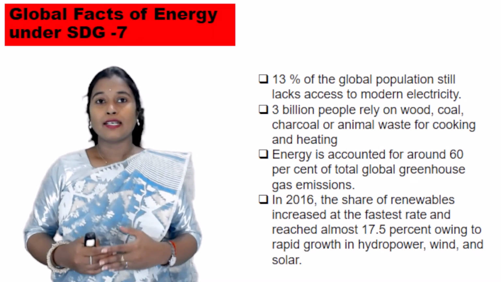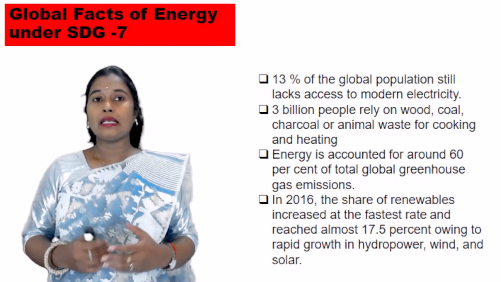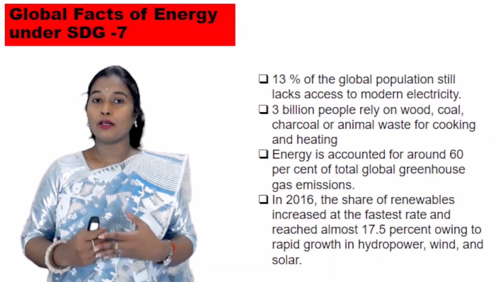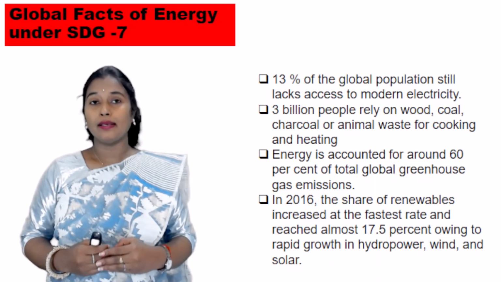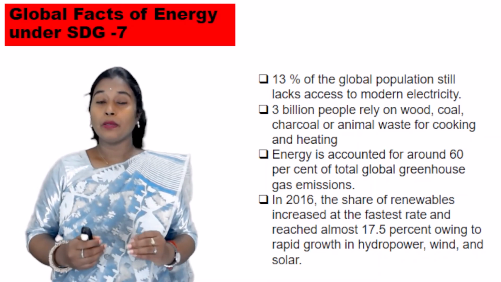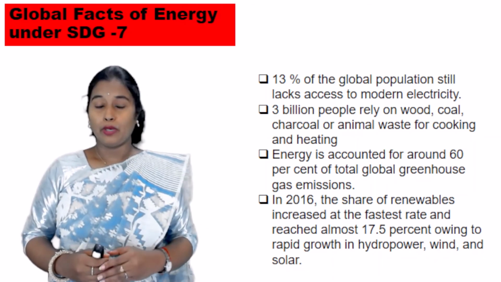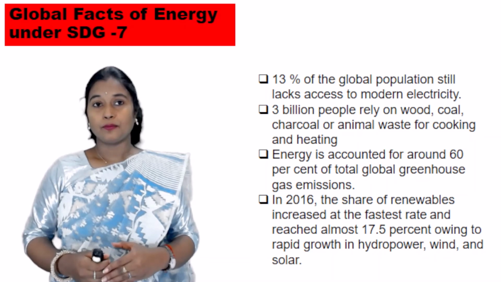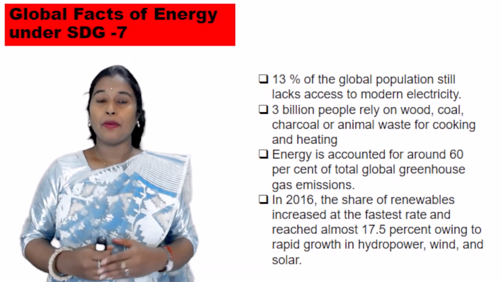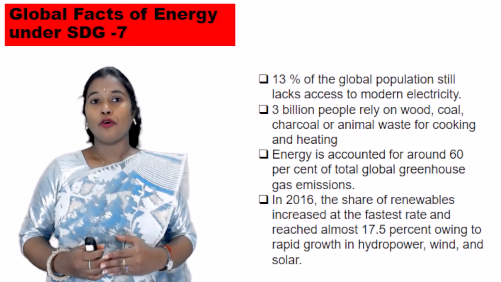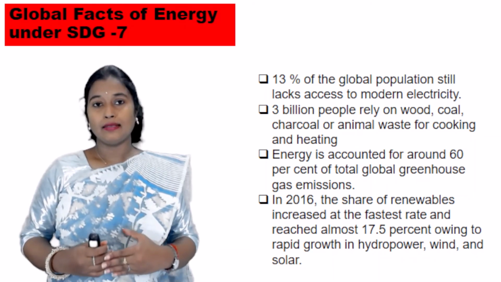The global facts of energy under Sustainable Development Goal 7: 13% of the global population still lacks access to modern electricity. 3 billion people rely on wood, coal, charcoal, or animal waste for cooking and heating. Energy is the dominant contributor to climate change, accounting for around 60% of total greenhouse gas emissions.